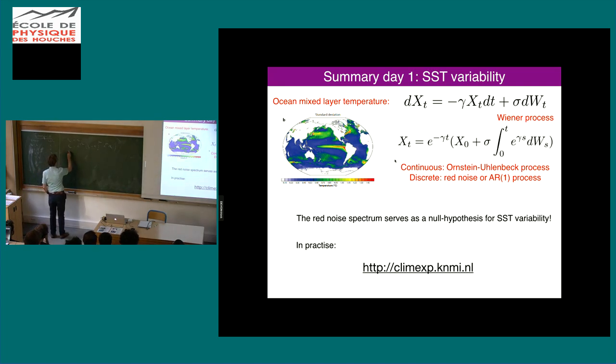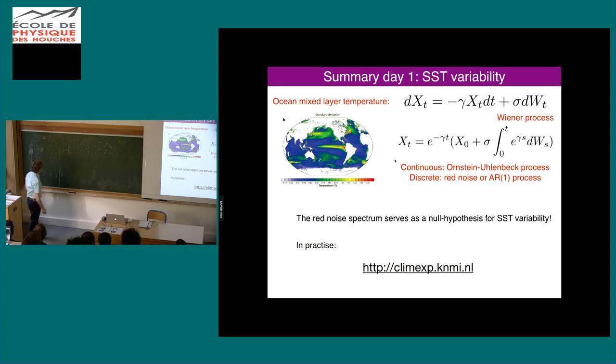Then I also do that at x(t_n): e to the power minus gamma t_n times x0, plus sigma times the same integral up to t_n of e to the power gamma s dW_s. Now I multiply this by e to the power minus gamma, and I subtract them, so I get t_{n+1} minus t_n everywhere.